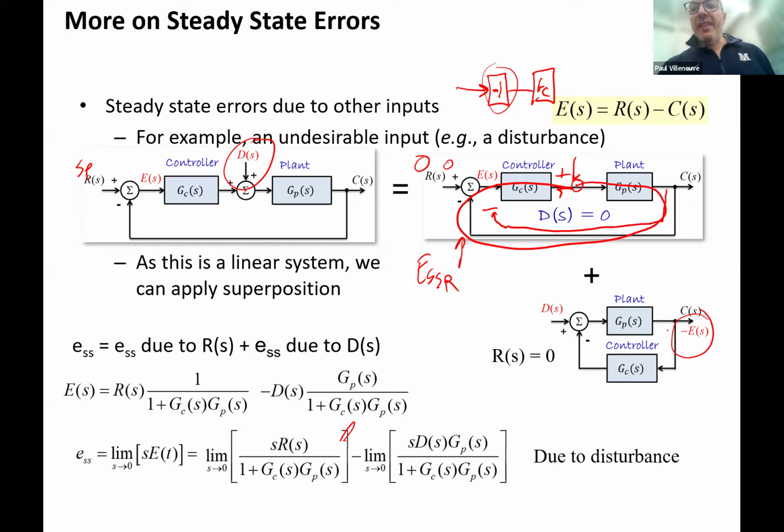So this is negative E of S. This is what it actually represents, but it still becomes plus minus here, right? So this is a negative. So instead of putting a -1 over here, I make it a negative number over there. That's correct.